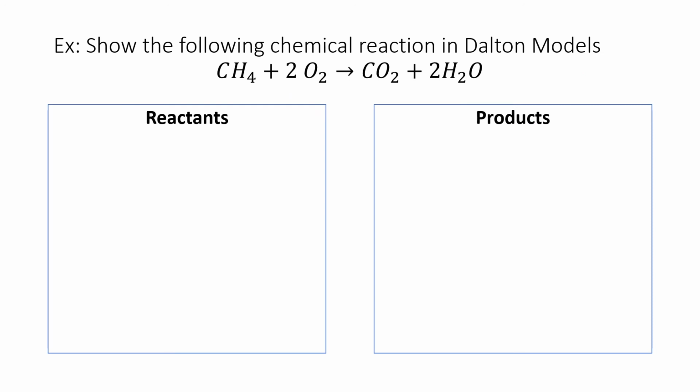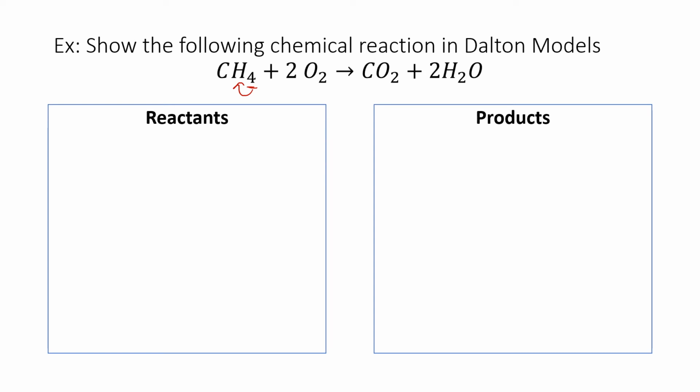Now, another typical way to draw Dalton models is to draw out our chemical reaction. Again, my subscript is only really talking about the element directly to the left of it. So this 4 means that in CH4, I have 4 hydrogens.